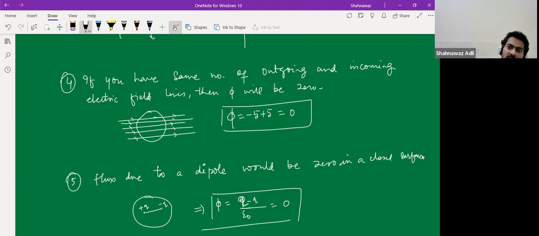So we are talking about closed surfaces only. All these examples are for the closed surface.